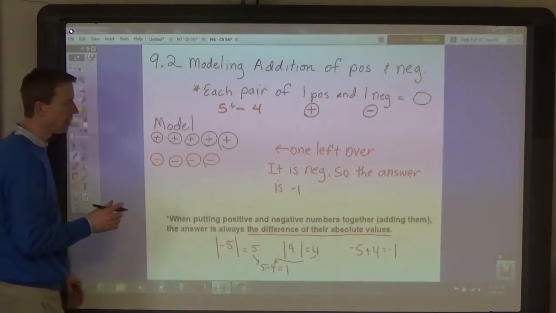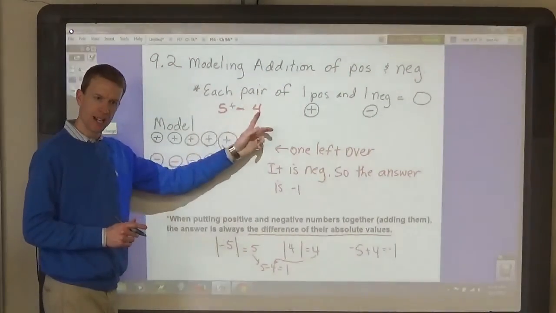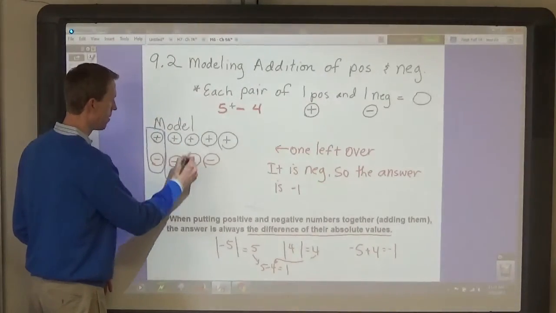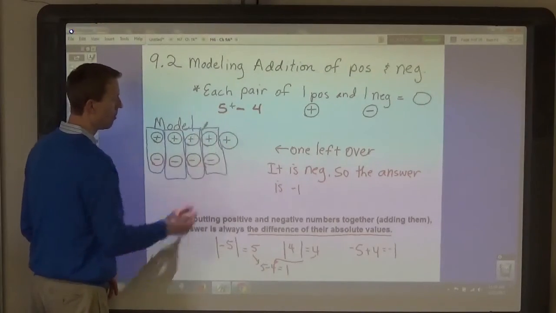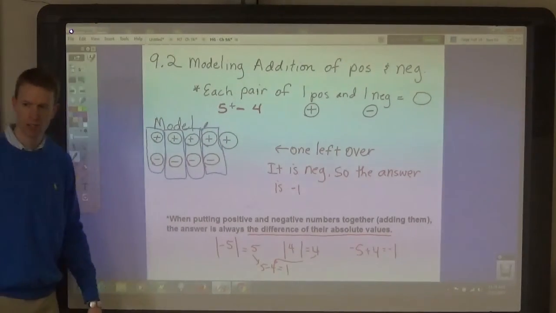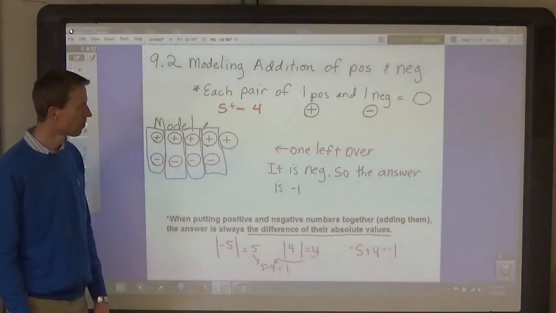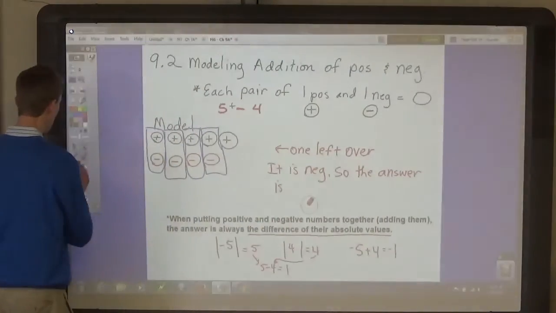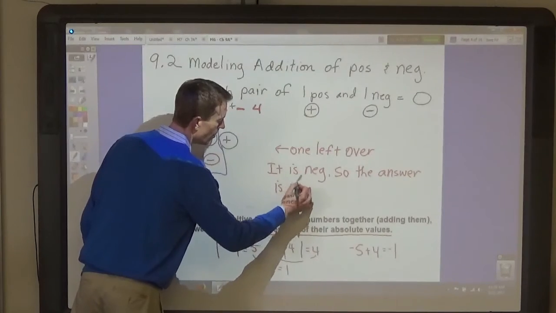So one of the ways to find the difference to add a positive and negative number is to think about how many pairs would you have, how many would be canceled out, and what would be left over. So the answer is not negative 1, but positive 1.